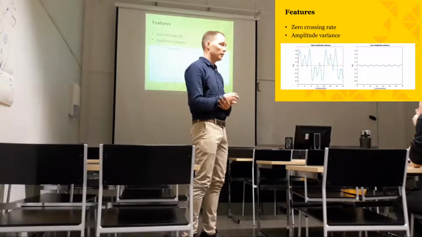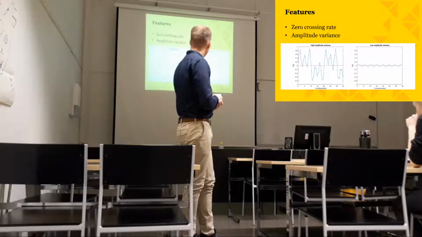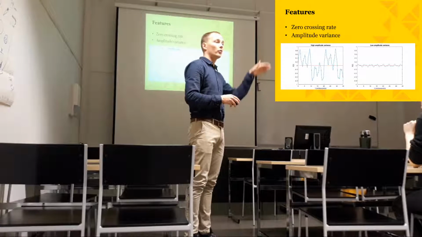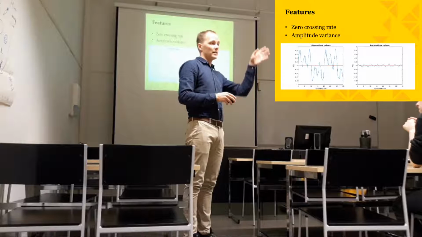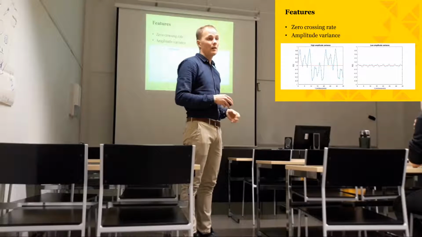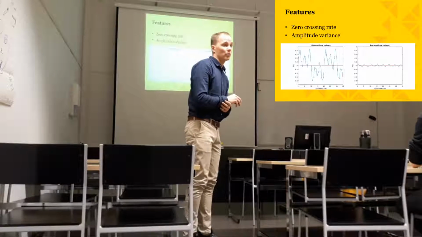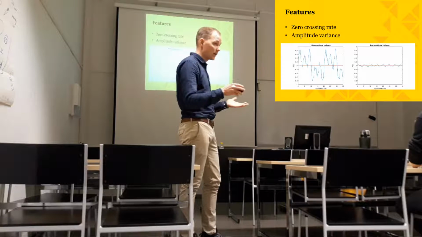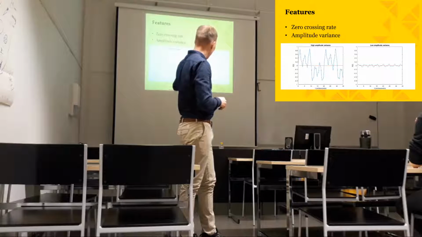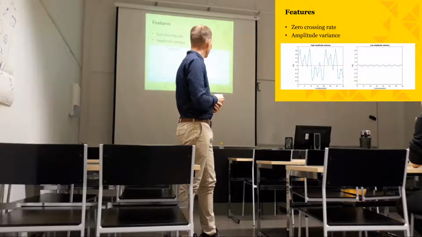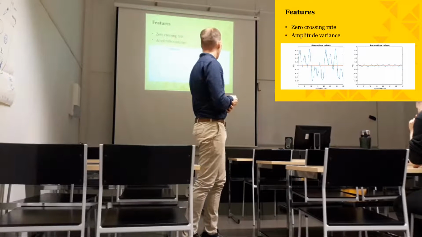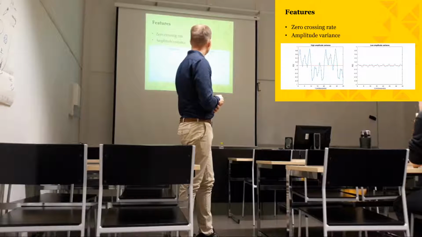Some of the features we want to see from the signal could be a zero crossing rate, because it's the amount of how much the signal changes from plus to minus, and how many times it crosses the zero line, basically. Or amplitude variance. Here's an example. The left graph has a high amplitude variance, and the right graph has a low amplitude variance.